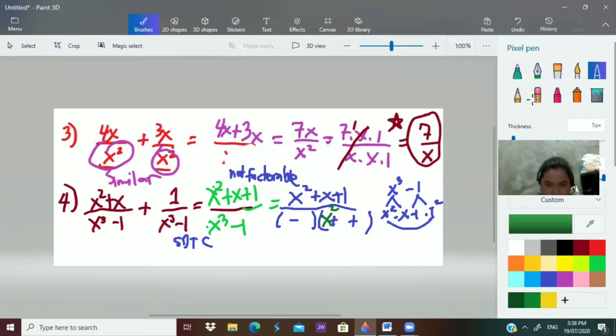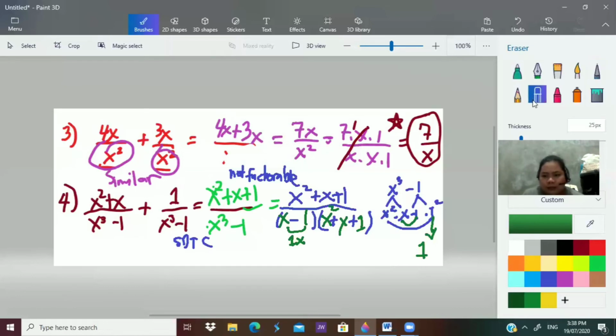So, x squared plus 1 squared natin ay 1. So, x squared plus 1. Tapos, ito, x minus 1. So, to get the middle term, we're going to multiply 1 times x. So, this would be x squared plus x plus 1.